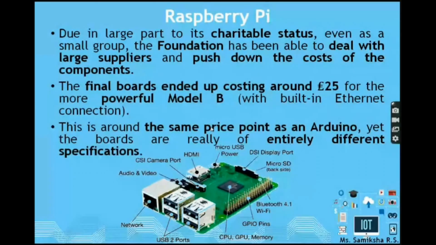In the same price range you also have the Arduino available, but of course it comes with entirely different specifications and functionalities. You have different companion boards, which we call shields in the Arduino community, but we don't have the same shields or companion boards for Raspberry Pi, because the majority of the features are provided on the board itself.